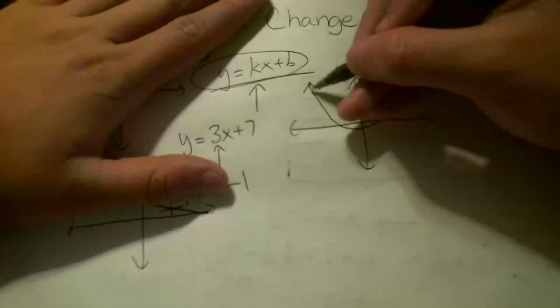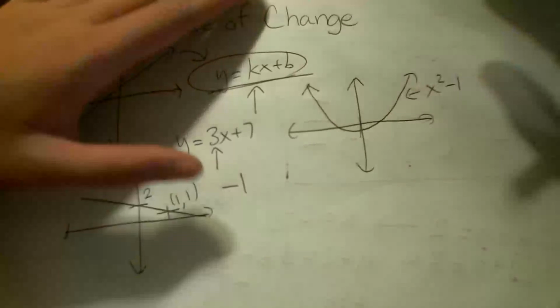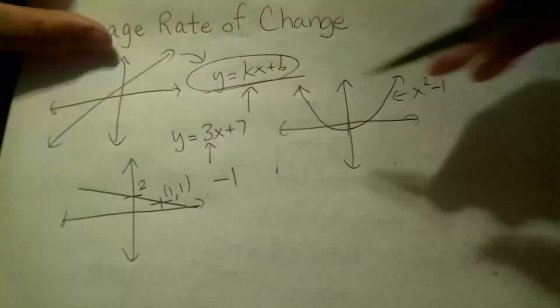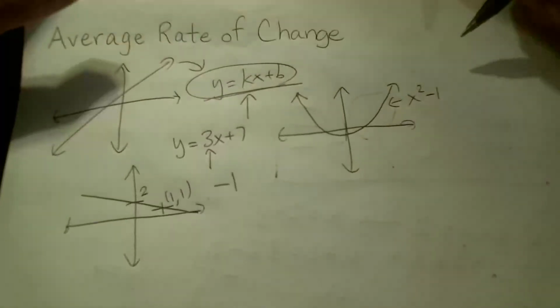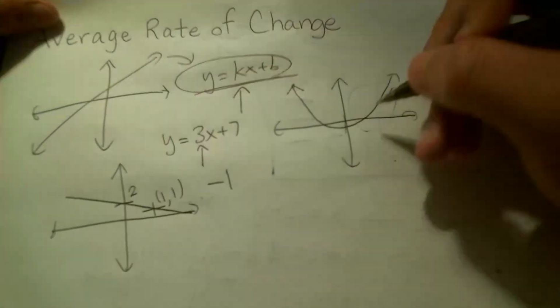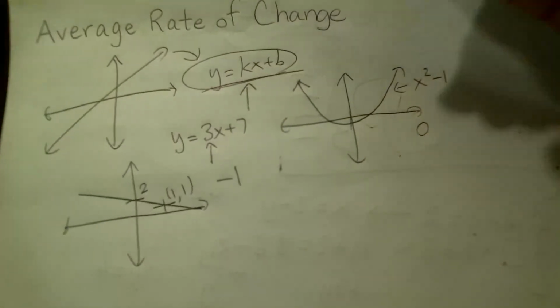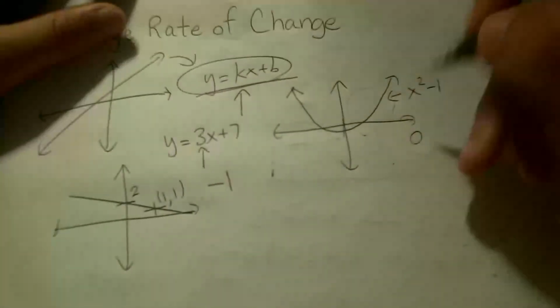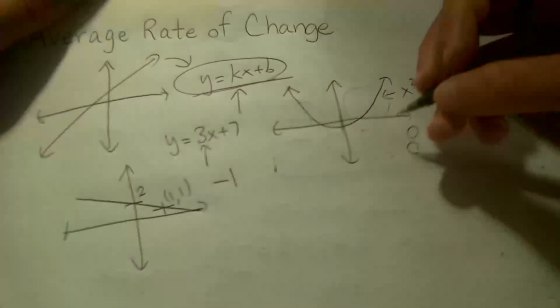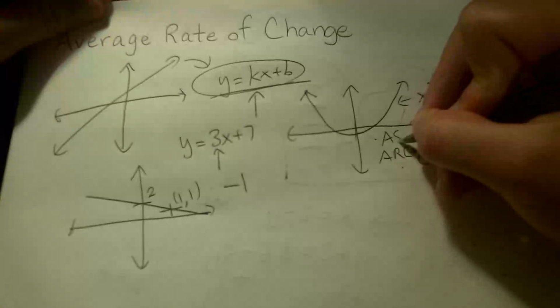Here, the average slope is divided into halves: in one part it's all negative, and in the other part it's all positive. So that would mean the average slope is 0. That would also mean the average rate of change is 0.